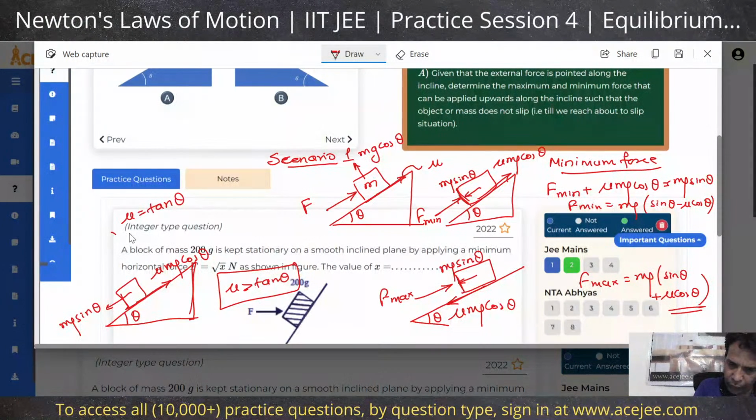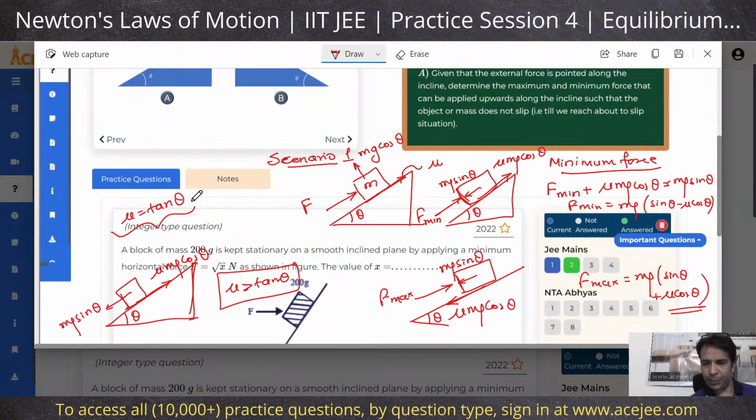So if mu is greater than tan theta, that means there is more in reserve for the frictional force, and the block will not slide. So the frictional force would not reach the maximum value. But if mu is less than tan theta, that means mg sin theta is greater than mu mg cos theta, and the block will slide downwards.